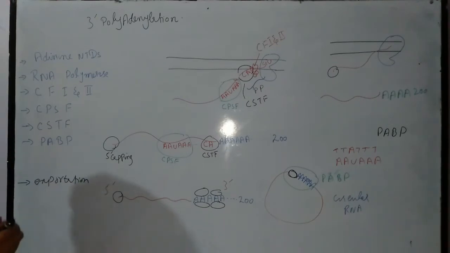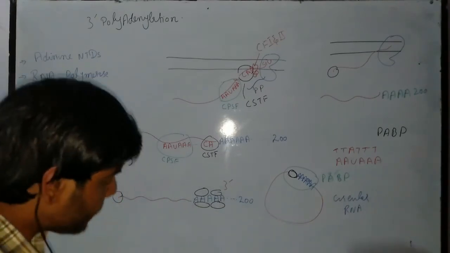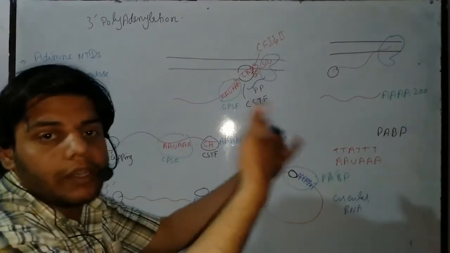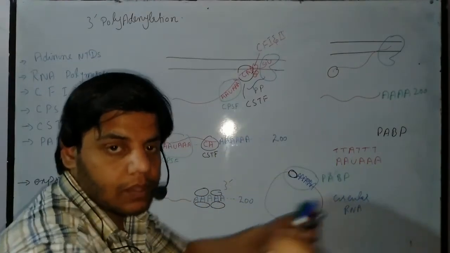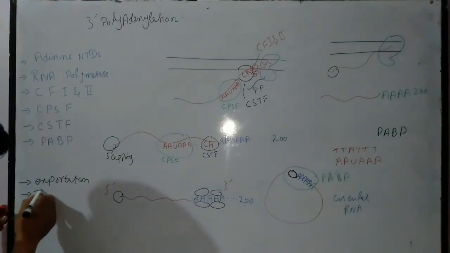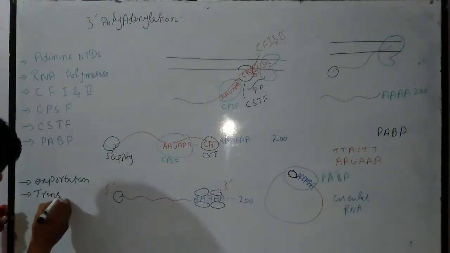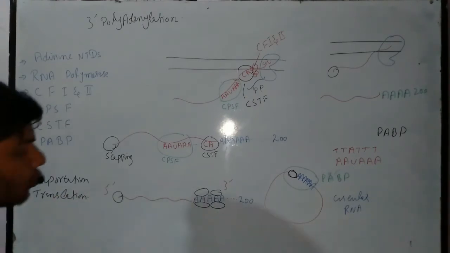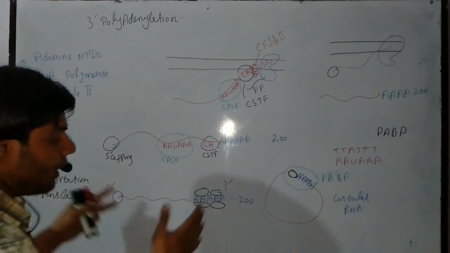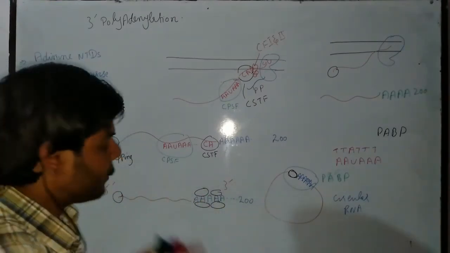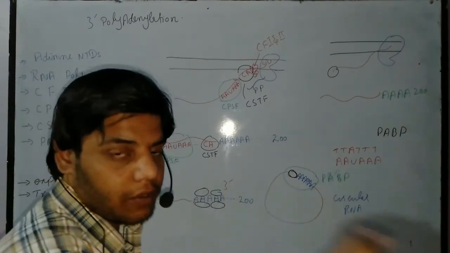It means that due to this 3' polyadenylation, the messenger RNA can easily be exported from the nucleus to the cytoplasm. First. Second is translation. Due to this 3' polyadenylation, the messenger RNA matures, and due to this maturation it is ready for the translation process.